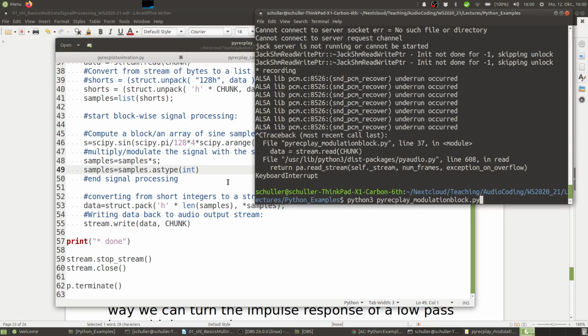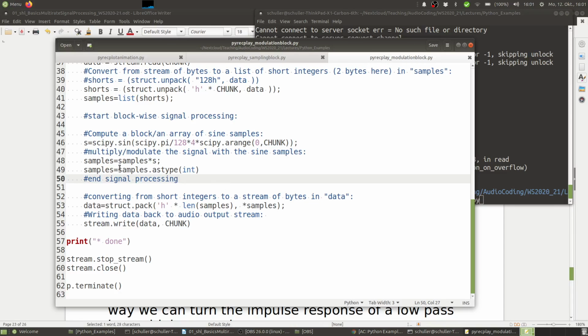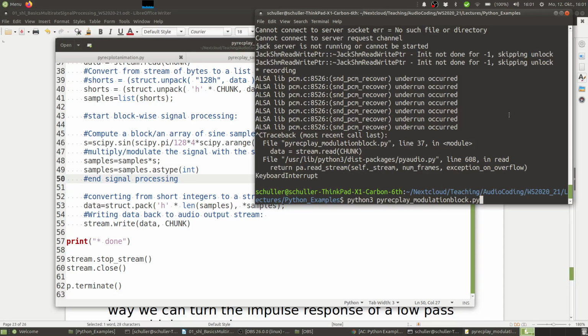Let's try. So this is actually how you convert an array of floats to an array of integers. So here, because of this S, samples was an array of floats. And if you cast it as type int, then it turns it into an array of integers, which is what this struct pack function expects. So here, this should be an array of integers. So let's try.